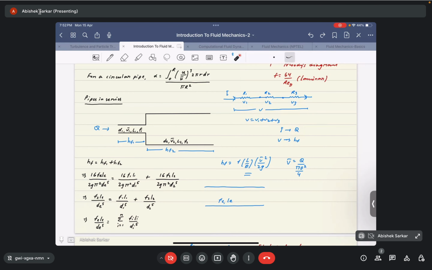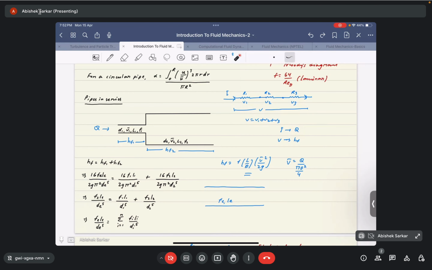Okay, so this is what I have written here, that head loss would be the potential difference and the flow rate would be the current. That's why for pipes in series we'll have the same current or the same volume flow rate as mentioned here, and the net potential difference between all the pipes would be the sum of all the potential differences, or in this case the sum of all the head losses.